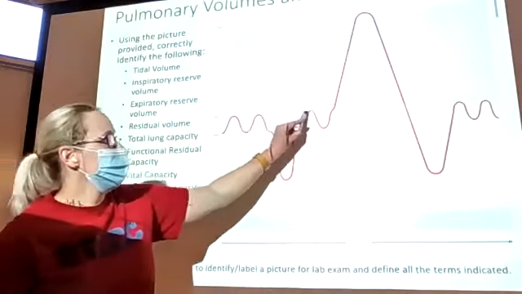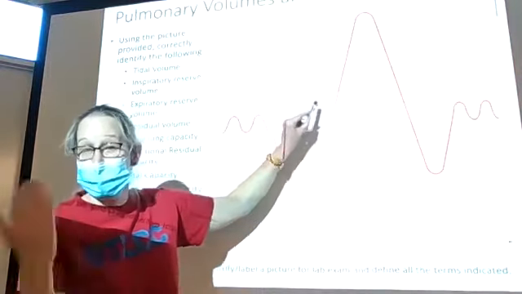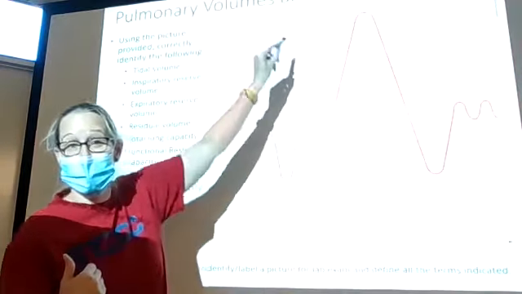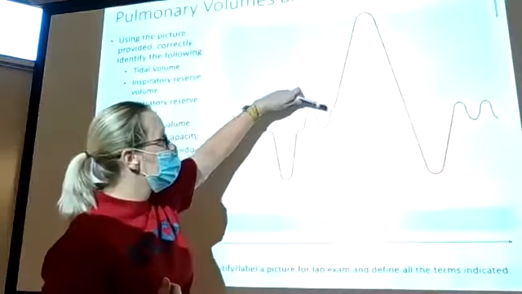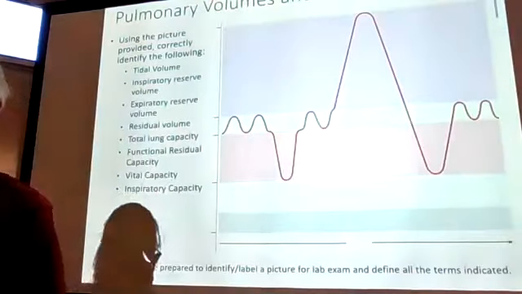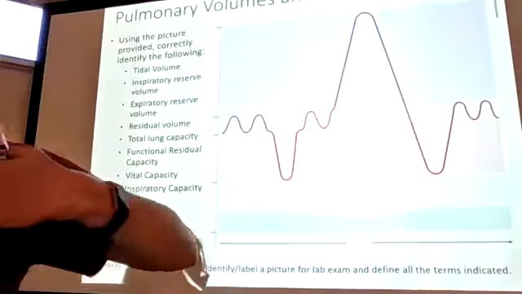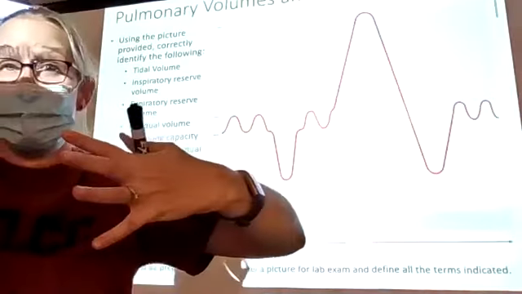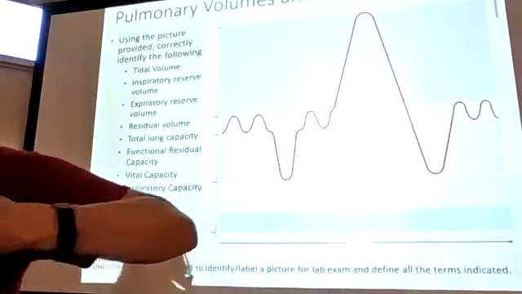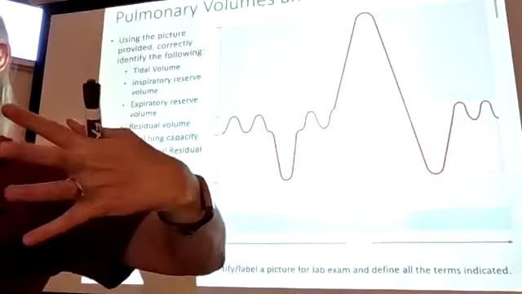Anything from the top of the tidal volume to the top, an inhalation of extra air, so this purple part here, that would be your inspiratory reserve volume. That's the amount of air you can potentially get if you really try to move your chest wall, if you really try to pull open your lungs to the biggest volume possible.